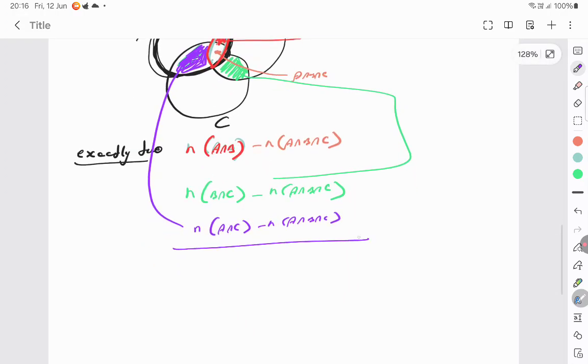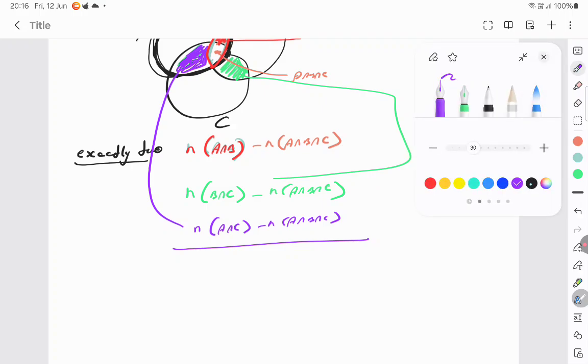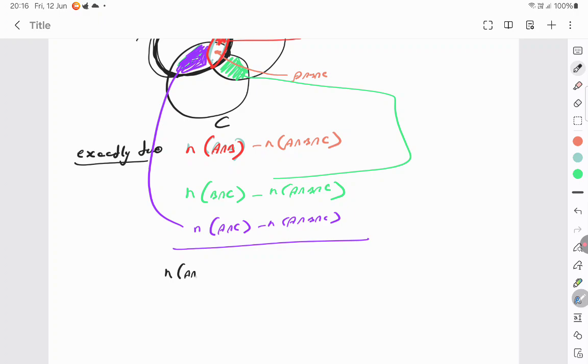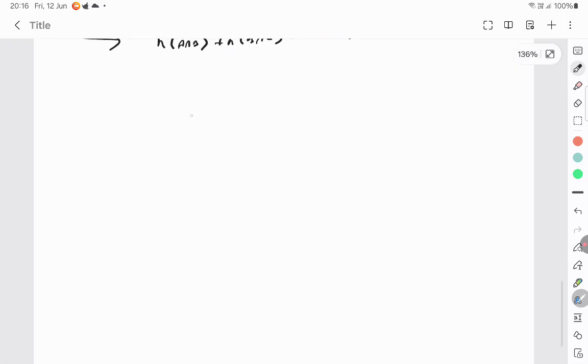These three, when you add up, will give you exactly 2, which is n of a intersection b plus n of b intersection c plus n of a intersection c, minus 3 times n of a intersection b intersection c. That can stay as the formula for exactly 2. Okay, so let's go to exactly 1.